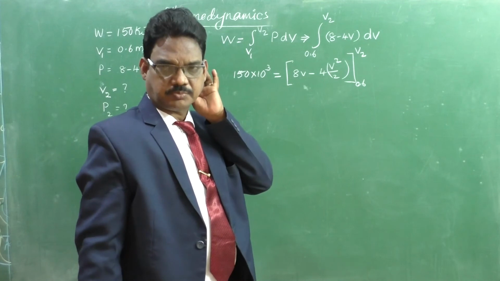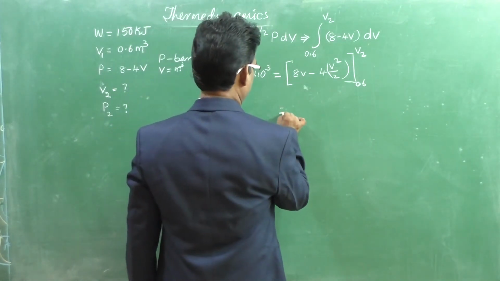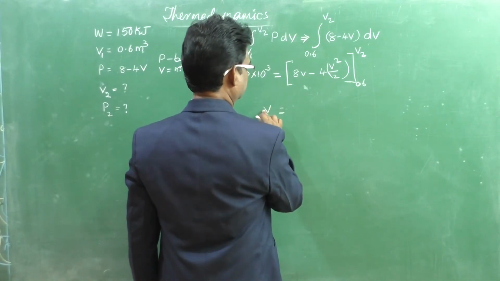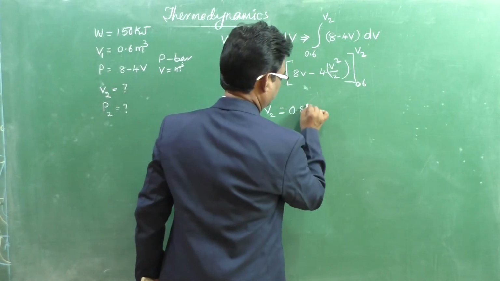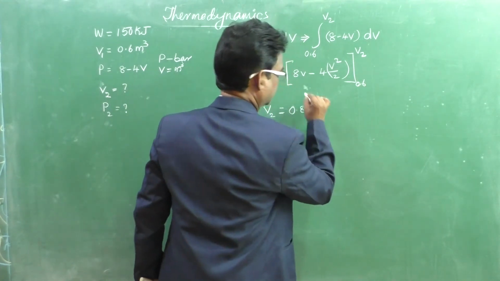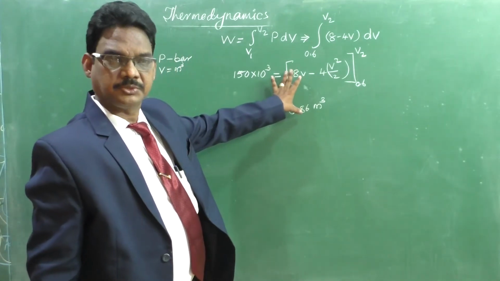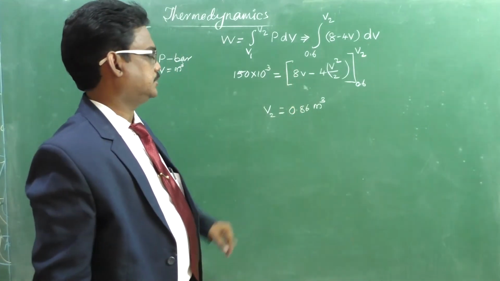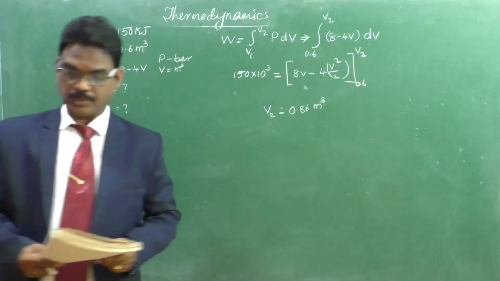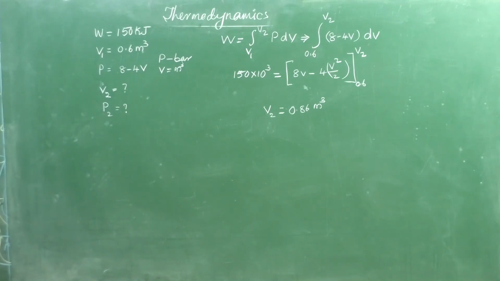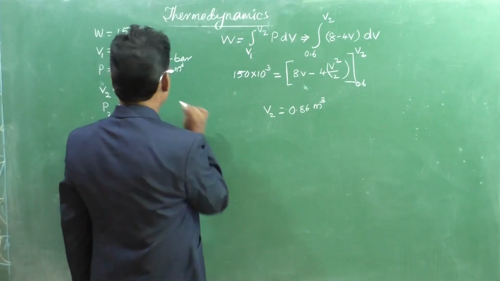After the substitution and subtraction, you got v2 as 0.86 meter cube. Mathematical calculation you need to complete. Once you got the v2 value, directly you can substitute this v2 here.